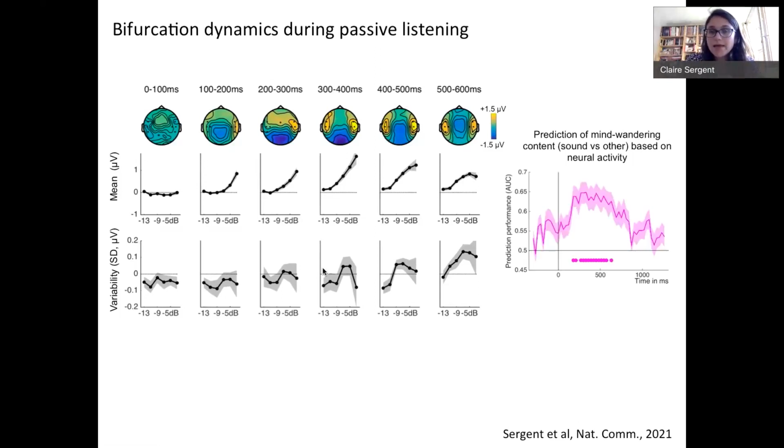Okay, and indeed, we could predict that people would say that they perceive the sound versus lost in their thoughts, etc., using trial by trial activity just before this mind-wandering probe. So that's not as strong as what we see in the active session, but that's still, I think, remarkable because it's only 10% of the data.